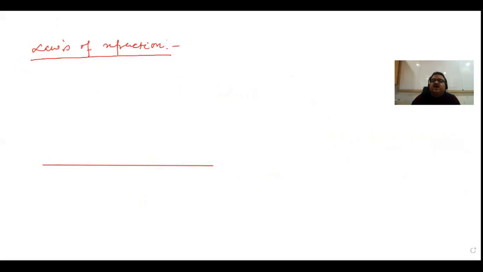Now, our light is falling like this, and this is the normal drawn, and this is the path of the ray when it moves to the other medium. Correct? So, students, one thing keep in mind, never forget to put an arrowhead on the ray diagram. Because a ray diagram without an arrowhead carries no marks. Correct? So you people are prepared for the board. So this is a very good piece of information for you.